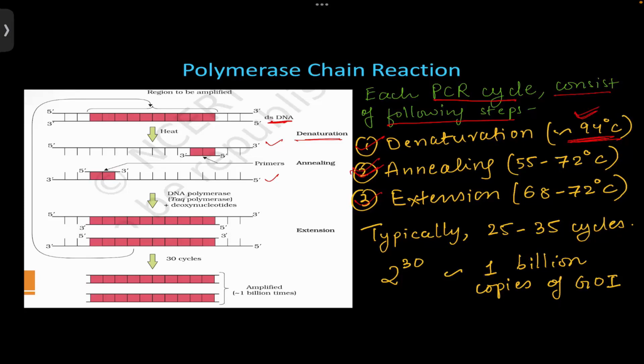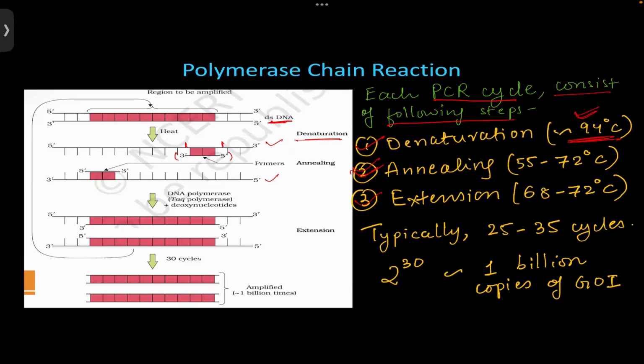These primers get added in the forward direction and in the reverse direction. How? The sequence in the primer is complementary to a very small sequence of both the strands.